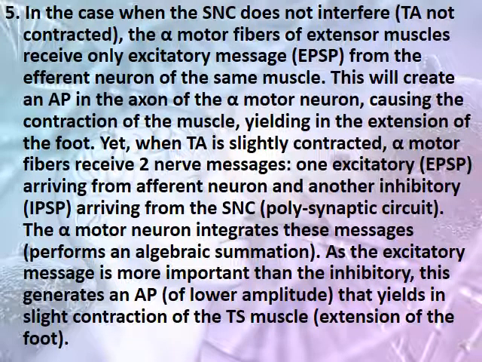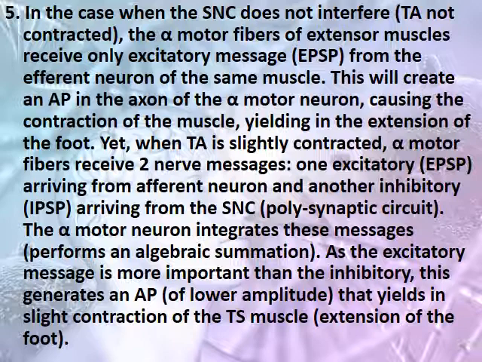Part 5. In the case when the SNC doesn't interfere, tibialis anterior not contracted, the alpha motor fibers of the extensor muscle receive only excitatory messages, EPSP, excitatory postsynaptic potential, from the afferent neuron of the same muscle. This will create an action potential in the axon of the alpha motor neuron, causing the contraction of the muscle, yielding the extension of the foot.